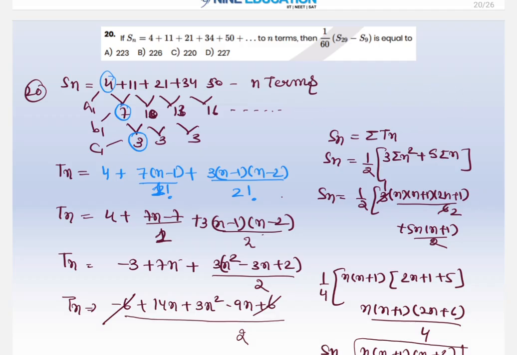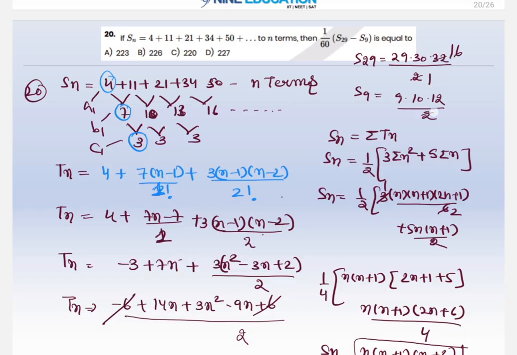Now since we got Sn, we can find our sum easily. So the sum will be equal to S29 minus S9. S29 will be equal to 29 into 30 into 29 plus 3, that makes it 32, divided by 2. S9 will be 9 into 10 into 12 by 2. And we need to divide whatever we get by 6.